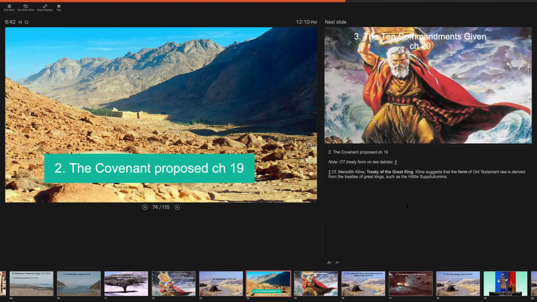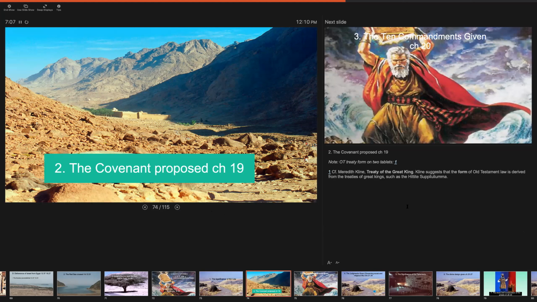Israel is at Mount Sinai, and on the third new moon, this is 19:1. There's St. Catherine's Monastery in the background. This is a very desolate place. Neither of the mountains that you see there is the traditional Mount Sinai. It's actually the one off to my left.